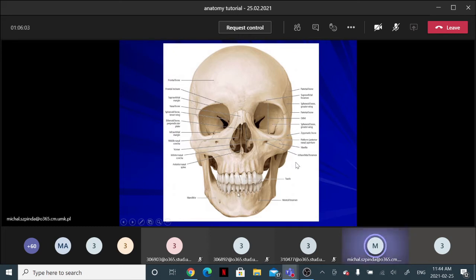As you can see in the mandible, just in the midline in front, we can see a mental protuberance.